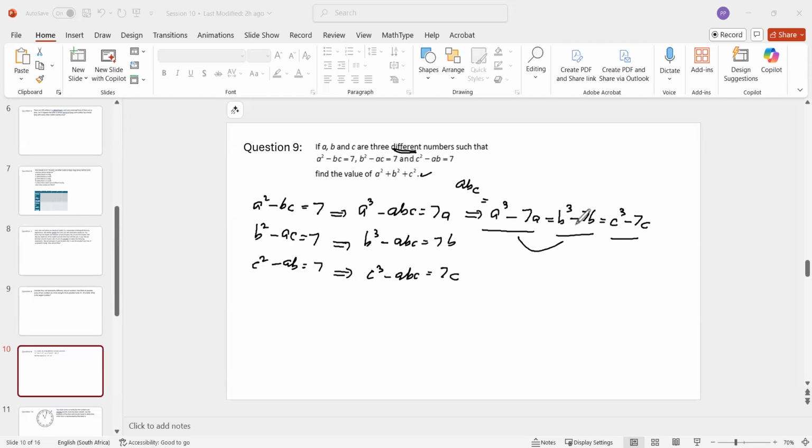I got a cubed minus 7a equals b cubed minus 7b.